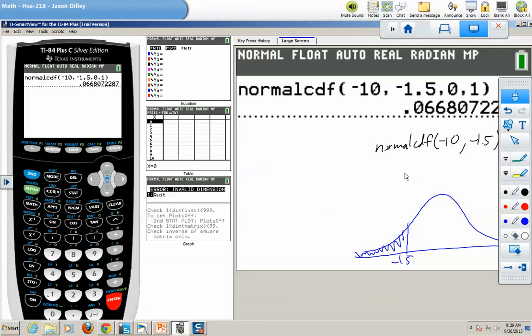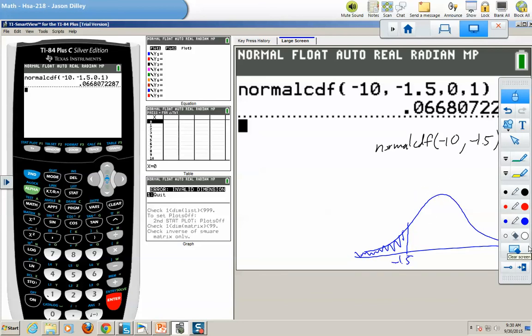At 4, we were accurate up to 3 decimal places. At 3? So at 3, it was accurate to 2 decimal places.